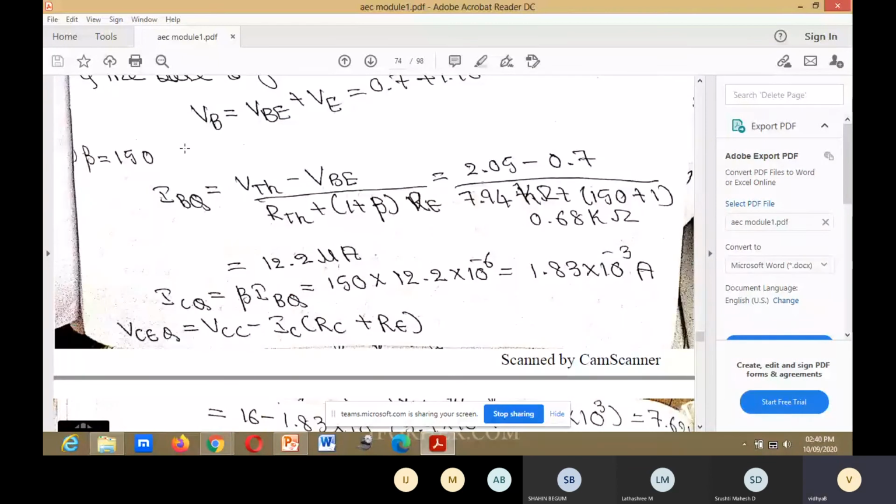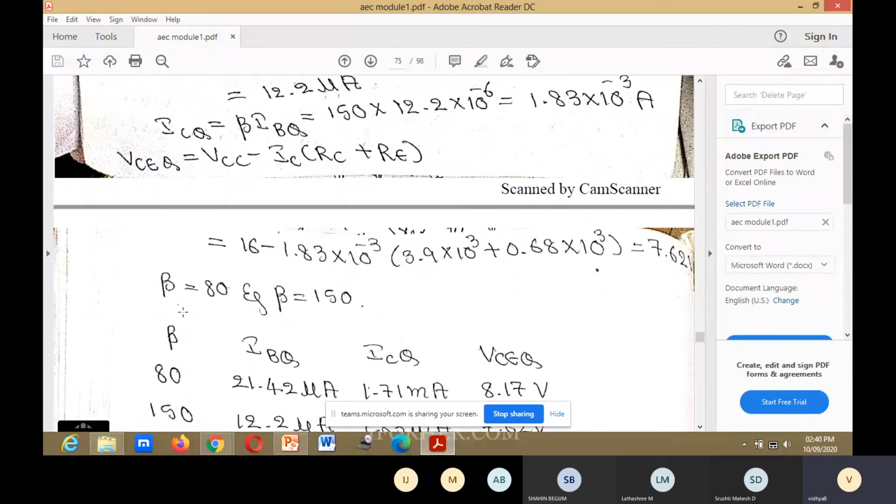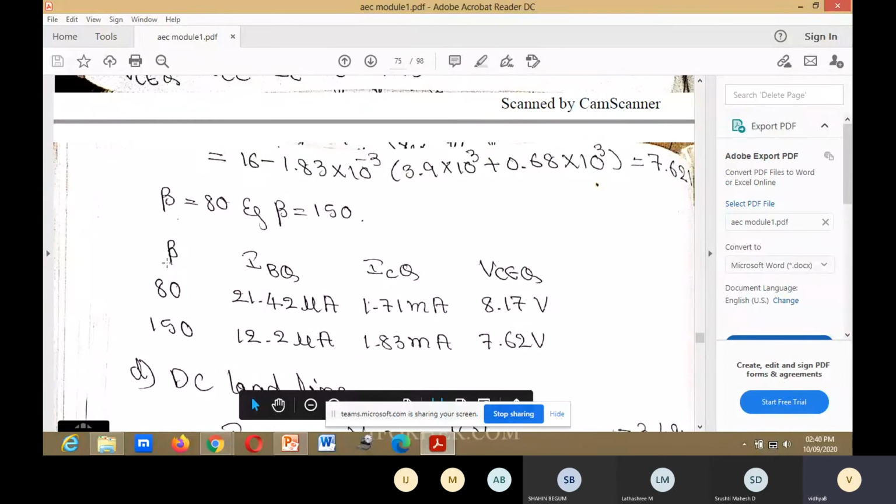When beta is equal to 150, you need to solve IBQ, ICQ, VCEQ. And make one table, for beta equal to 80 and 150. When beta is equal to 80, what are the values of IBQ, ICQ and VCEQ? And the same for beta equal to 150.